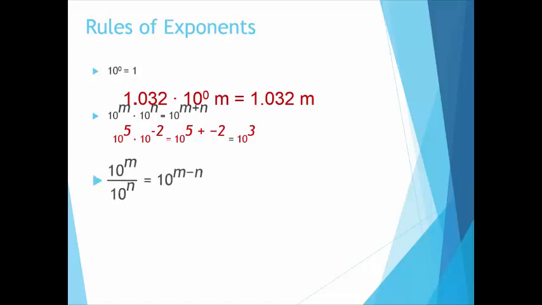What if I'm dividing? Dividing, I subtract. 10 to the m over 10 to the n is the same as 10 to the m minus n. So 10 to the 6th divided by 10 to the negative 1st. We're going to subtract the exponents. That gives me 6 minus a negative 1, which is positive. I end up with 10 to the 7th.